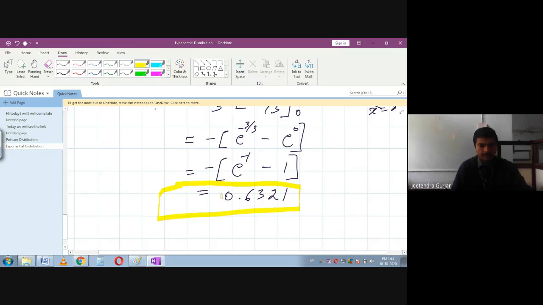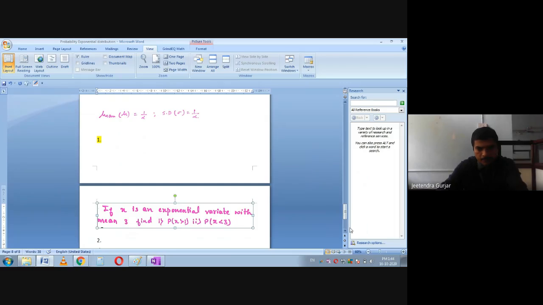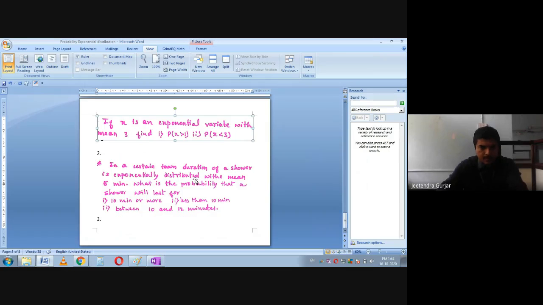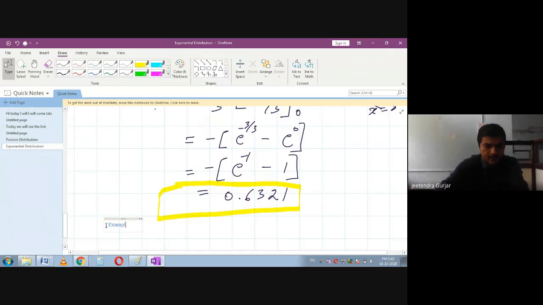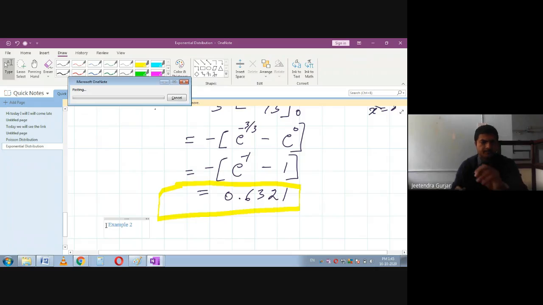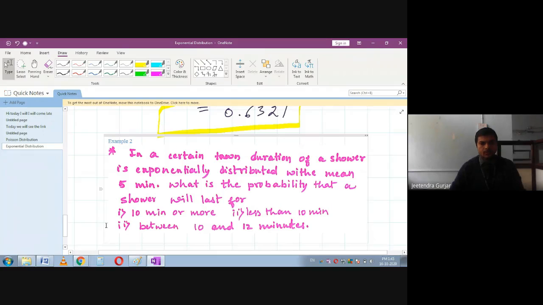We will go with the next example. In a certain town, the duration of a shower is exponentially distributed with mean 5 minutes.